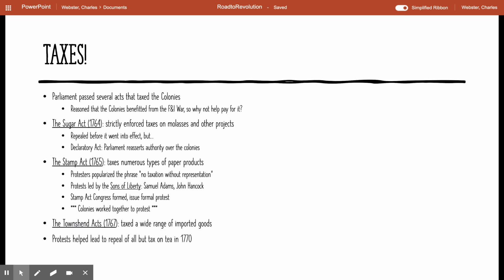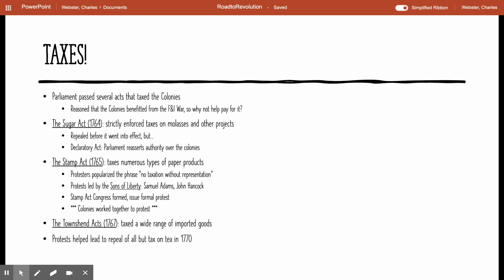So their thinking was, since they benefited, why don't they help pay for the debt? And so the first major tax act that they passed was the Sugar Act in 1764. This was a tax on molasses and other products. They tried to enforce taxes that had already existed, but they hadn't really done a great job of collecting. So it ended up being repealed before it went into effect because the colonists protested it.